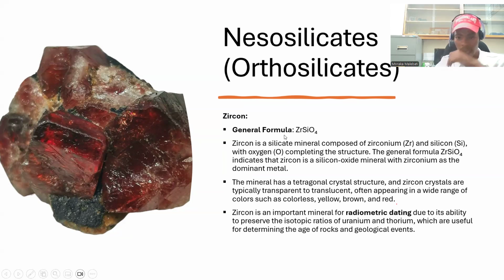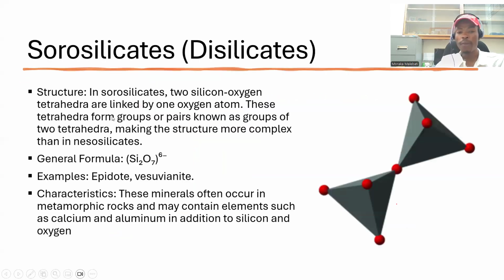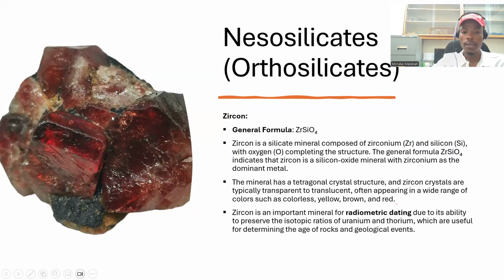The zircon is a silicate mineral composed of zirconium and silicon with oxygen completing the structure. The mineral has a tetragonal crystal structure, and zircon crystals are typically transparent to translucent.